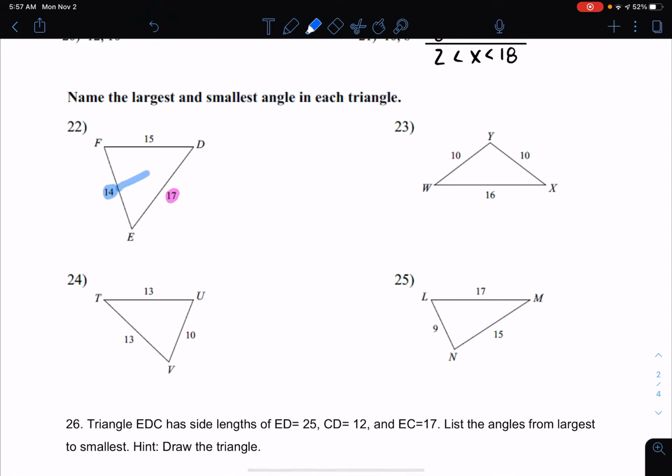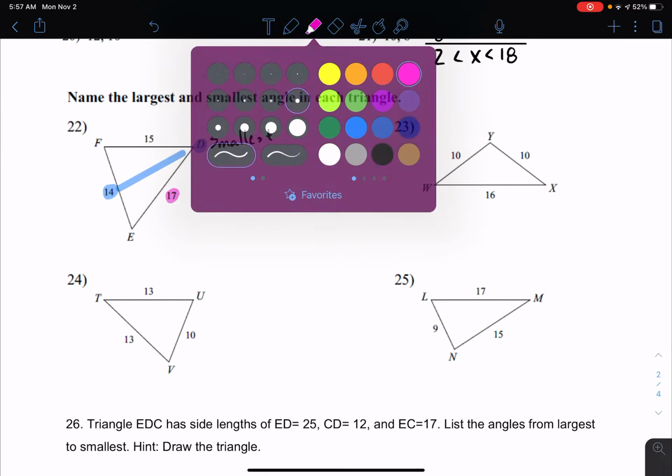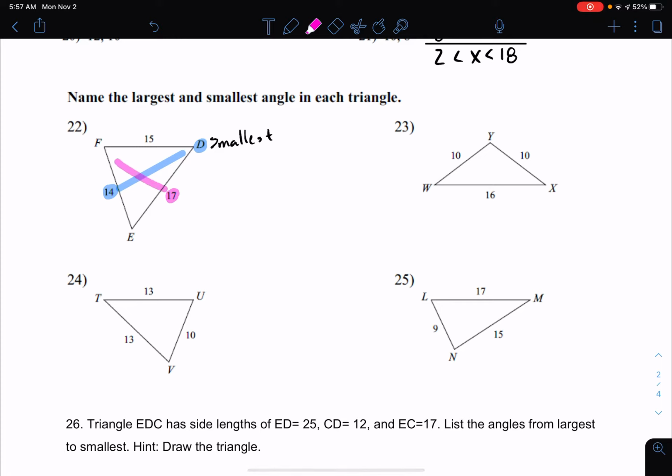That means angle D over here is going to be the smallest, and the biggest one is going to be opposite the largest side. So that means the letter F is the largest. Okay, so let's try that on number 25, and I'll let you do 23 and 24.